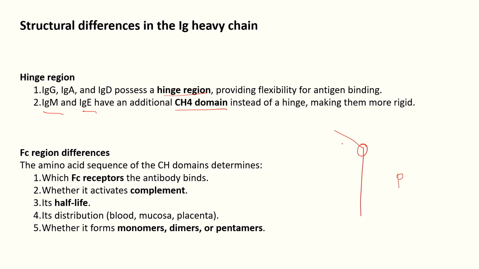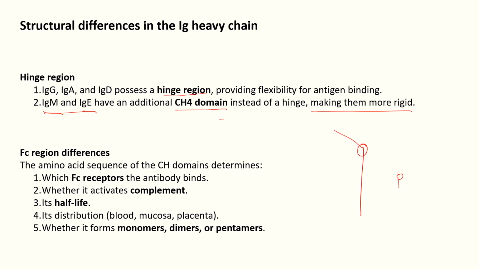That means the hinge region is actually masked by an additional constant region in the heavy chain, and therefore these particular immunoglobulins, IgM and IgE, lack a hinge region, and therefore we don't see the structure to be flexible, and therefore we can call them more rigid as compared to IgA, G and D.